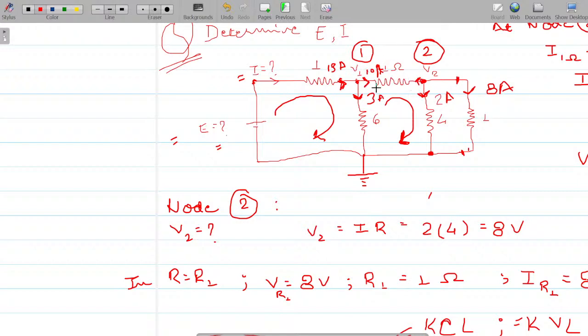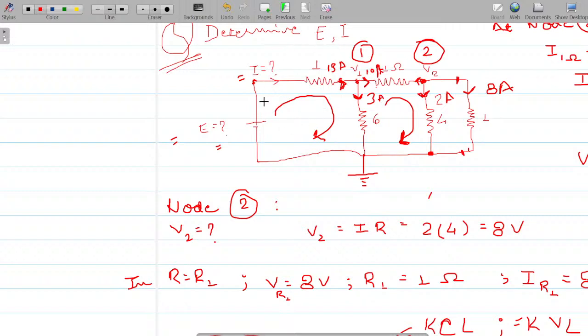When you have current in this branch, apply KVL, get to know the potential here. And when you know the potential V1, you can calculate again the current in this branch. You know the current in this branch, you know the current in this branch. Apply KCL, you will know the current in this branch.